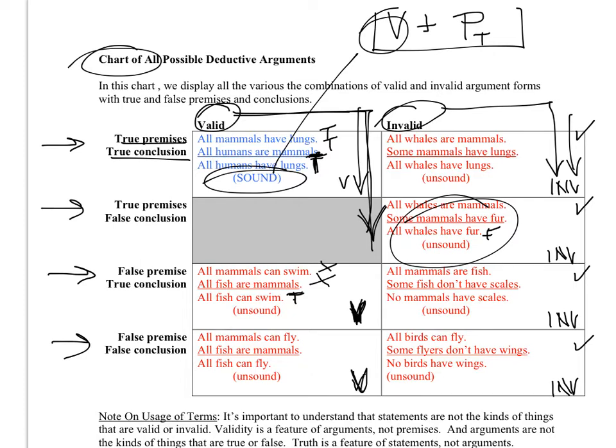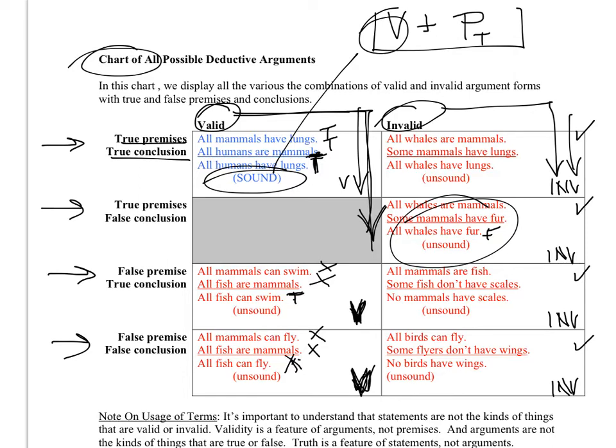In the bottom left-hand corner argument, it's also a valid argument structure, so it's truth-preserving, but as it happens, you are working with false information and you end up with a false conclusion as well.